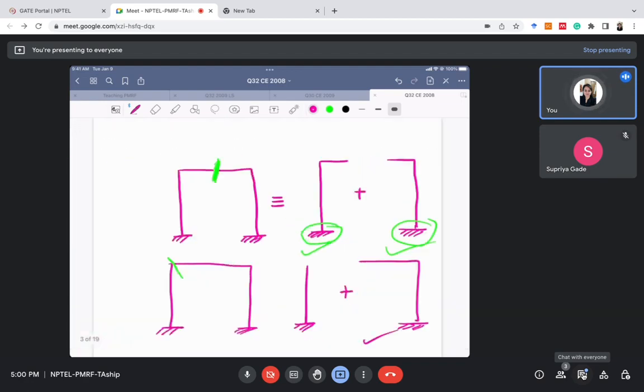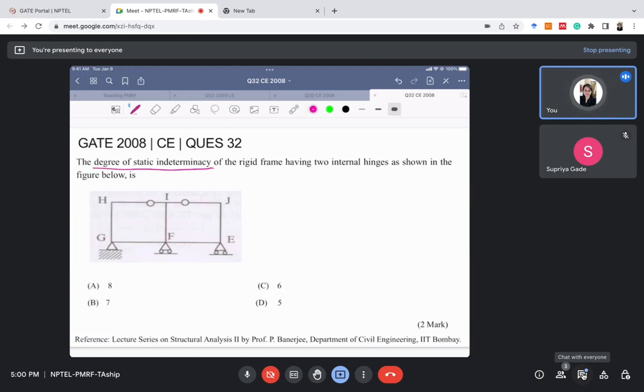So we'll just quickly solve the problem, which is the GATE question here. Let's see how to solve it. So in this case, how many cuts do we require? One cut here, one cut here, one cut here and one cut here. 4 cuts we require. When we see the structures, it will be one structure like this, another structure like this, right?